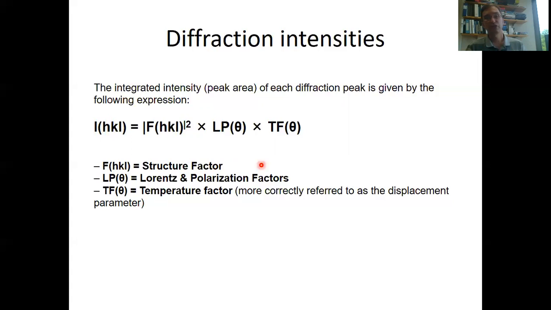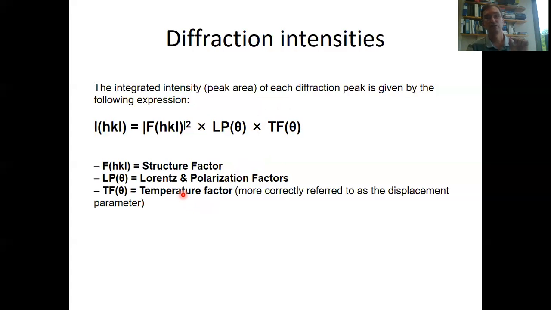Now the polarization factor we have actually discussed in a previous class. As the X-rays get diffracted, they get polarized to some extent, and because of that, the intensities tend to decline at higher diffraction angles. Last but not least, we have the temperature factor, and the temperature factor accounts for displacement of the atoms from their equilibrium positions due to temperature.